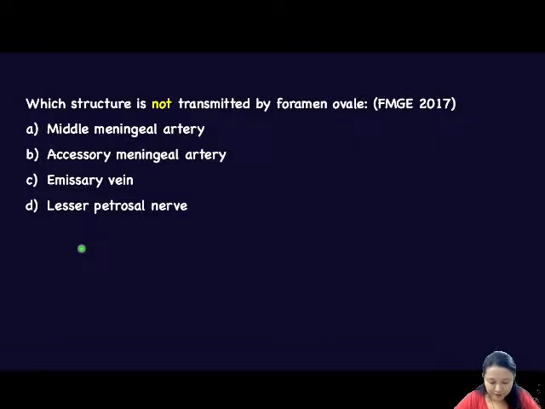Anybody who wants to answer this? It's a very easy question. Just now we have studied the mnemonics. So out of these, which one is not from here? Anyone?